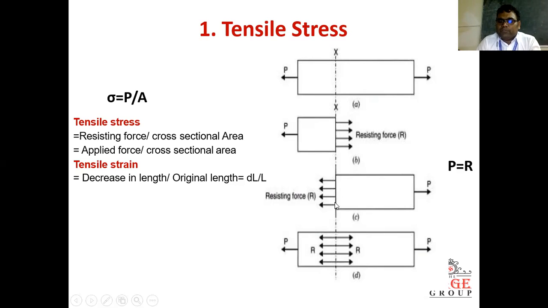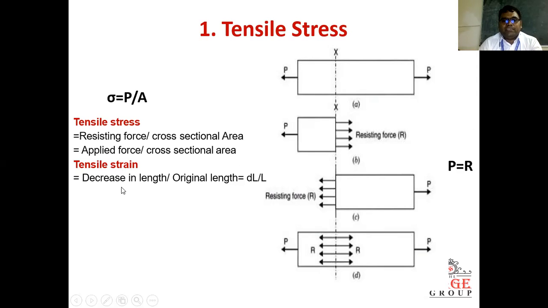This resisting force is developed here and generated in this part, and combining both, these two try to counter the two applied loads until equilibrium, so this R and P will be equal. So simply, tensile stress is the resisting force upon cross sectional area, or the applied force upon cross sectional area.